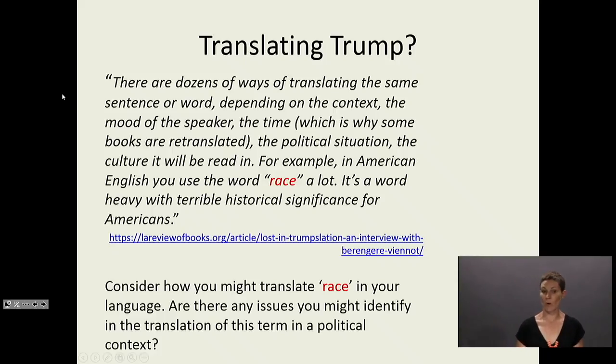So it's also about asking what the context is of the translation that you're doing and what equivalent would therefore fit within that particular context. So consider how you might translate race in your language. Are there any issues that could be problematic, particularly translating this kind of terminology within a political context?